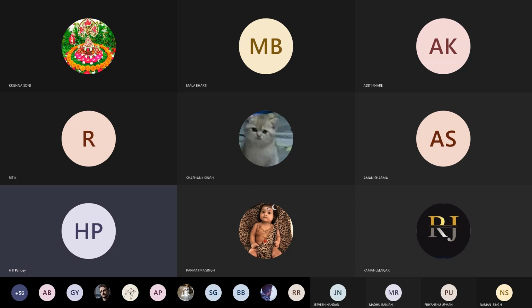Then let me discuss this iron contamination. What is the problem with iron contamination? Anyone? What are the problems related to iron contamination? Iron contamination is also geogenic, natural. Iron, fluoride, arsenic.